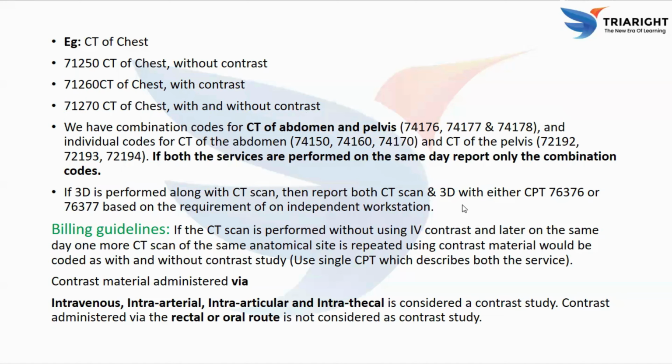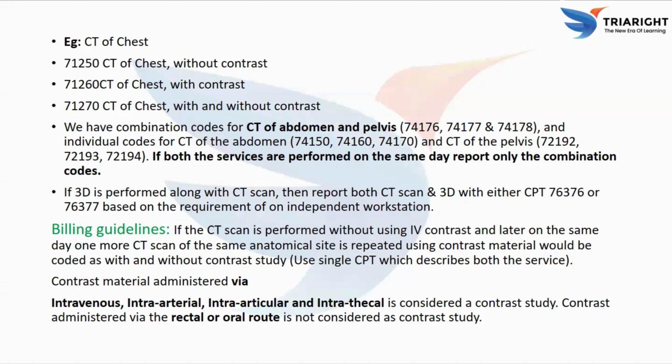Next is CT abdomen and pelvis: combination codes versus individual codes. Here are the available CPT codes. The individual codes for CT of abdomen are 74150, 74160, 74170, and for CT of pelvis 72192, 72193 and 72194. Then there are the combination codes, which are preferred when both are done on the same day: 74176 for without contrast, 74177 with contrast and 74178 with and without contrast.